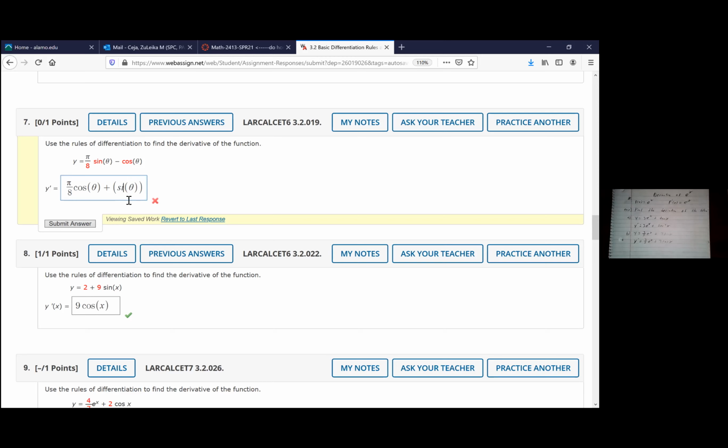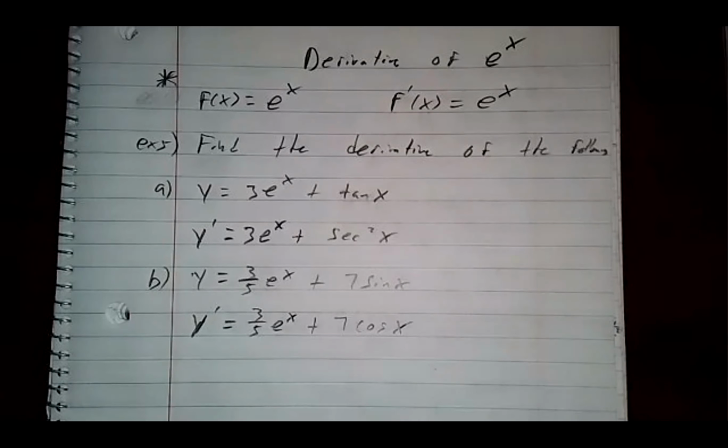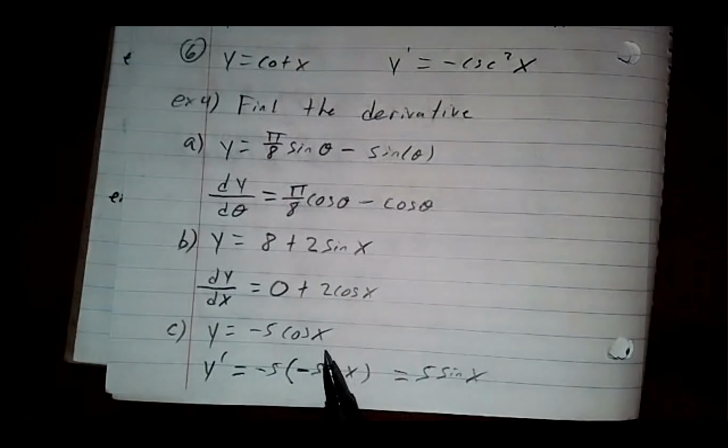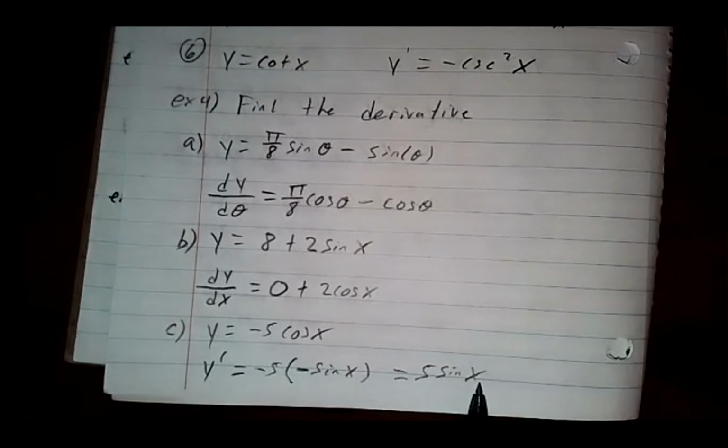I have a 9 instead of an 8, but that's what I have. All right. So derivative of cosine is going to be a negative sine. See how it switches? Then this negative times negative makes it a positive sine. That's the only reason why it changed.